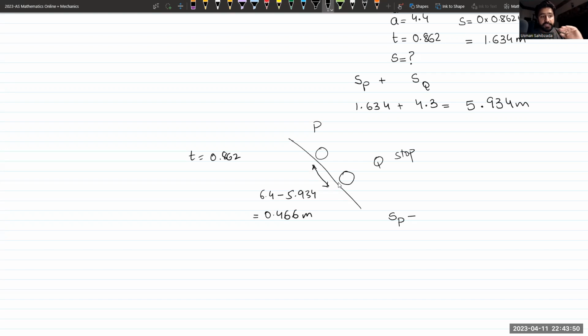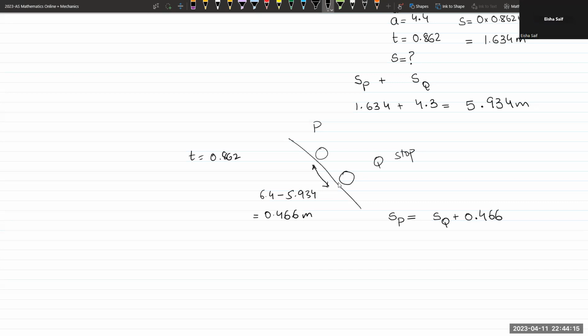The distance that P will now cover is not only the distance that Q further moves down, but also the 0.466 gap needs to be bridged. Do we all agree to this? Isha, P is coming from top to bottom, it has to cover the 0.466 and also the same distance that Q will cover ahead.